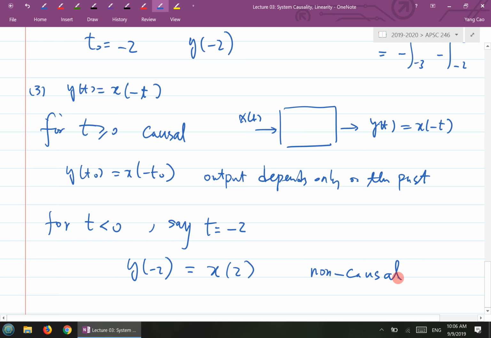So what do we do then? In this kind of question, if the question specifically defines that t is greater than 0, then your conclusion is causal. If the question, like what I wrote down here, doesn't say anything about t, then your conclusion should be non-causal.